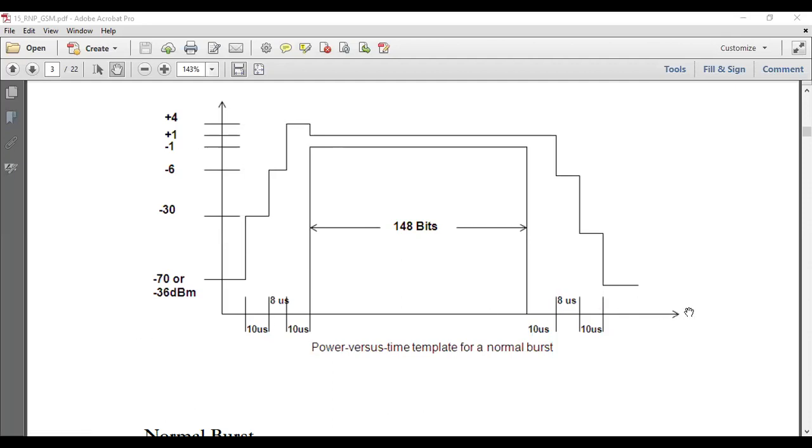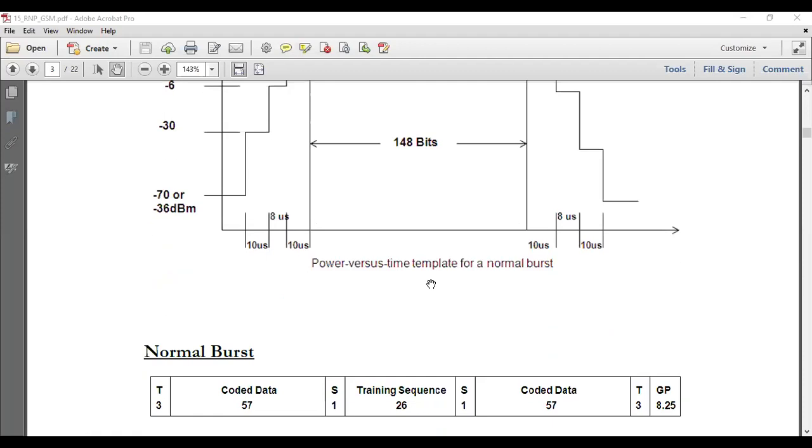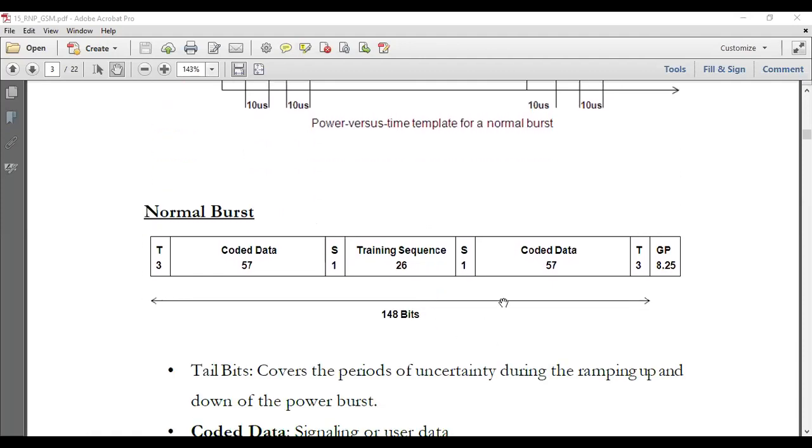The horizontal axis is for time. Within this center part, you transmit 148 bits. Out of them, this 57 and 57 carry the real information. For voice, it is the voice information bits. In between them, there's a training sequence, 26 bits long, which we spoke of during our discussion on fading.